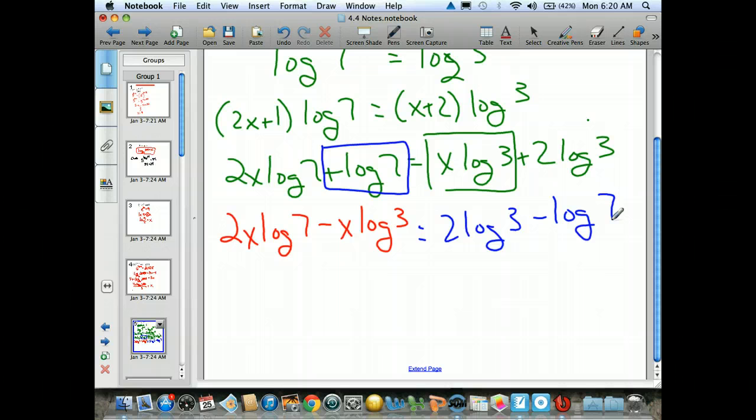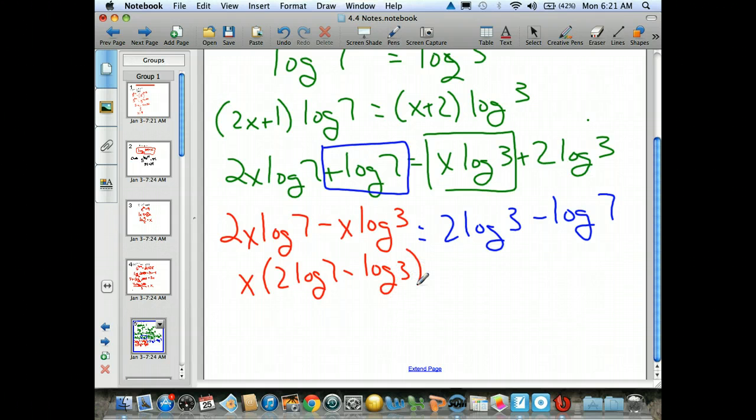Then I'm going to do a little bit of cleaning up of my expressions here. First of all, I'm going to factor the x out on the left-hand side. So I end up getting x times 2 log 7 minus log 3.